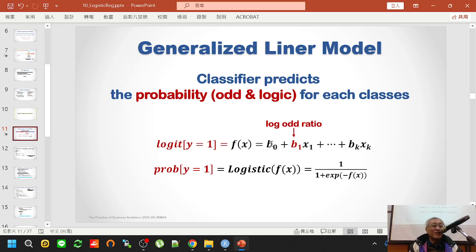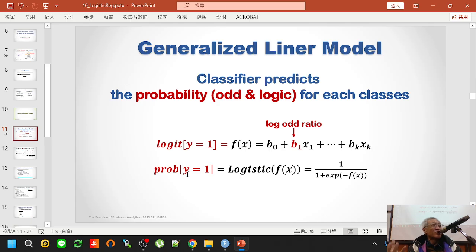When this linear combination is equal to 0, the probability equals 0.5. When this linear combination is greater than 5, the probability is close to 1. And when it is lower than -5, the probability will be close to 0. Got it?